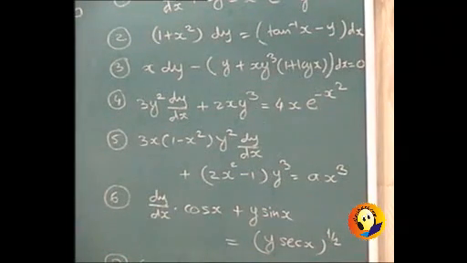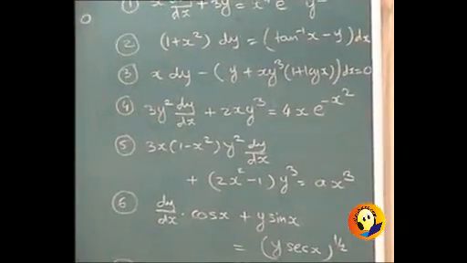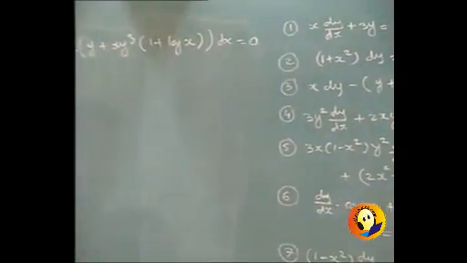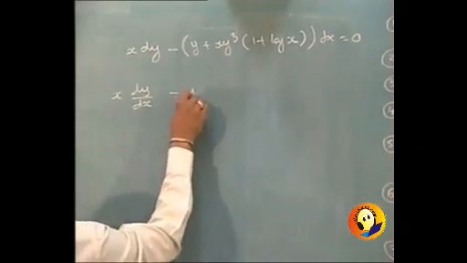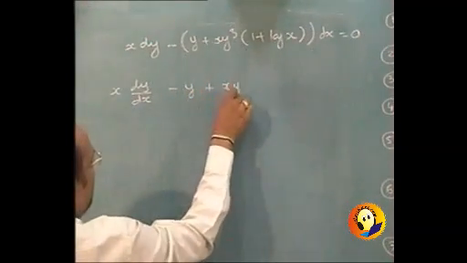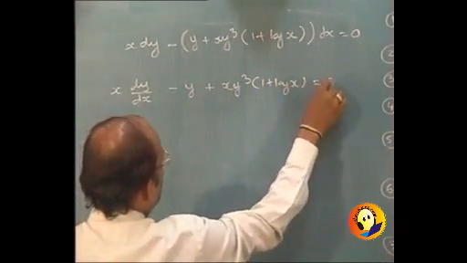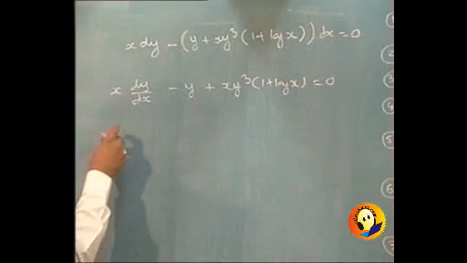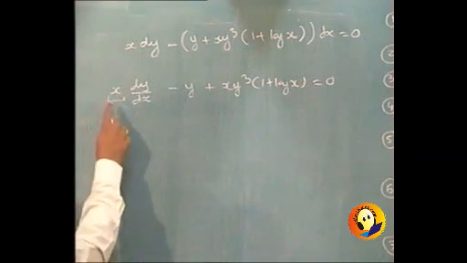We know that it is linear, so the procedure will be simple. You will have to first of all get dy by dx, so it will be x dy by dx minus y plus xy cube into bracket 1 plus log x equal to 0. And we don't want any multiplier for dy by dx, definitely not a function of x.